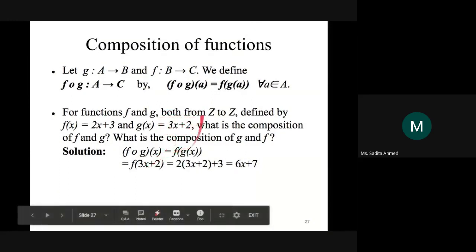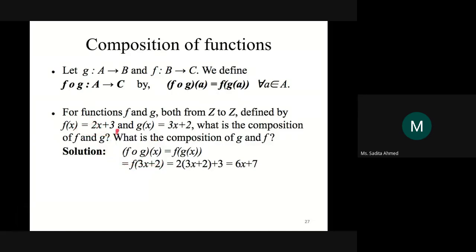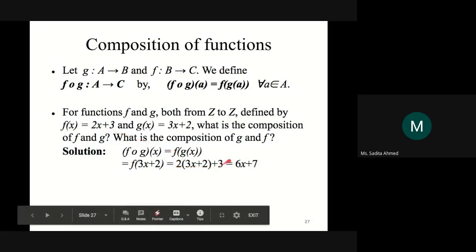You have to apply this function on x first. So you have 3x plus 2 here, and on this result, 3x plus 2, you apply the function f. So f(x) is equal to 2x plus 3. f of 3x plus 2 will be equal to what? Instead of x, you'll have 3x plus 2 here. So there you go. This is the result of FOG.